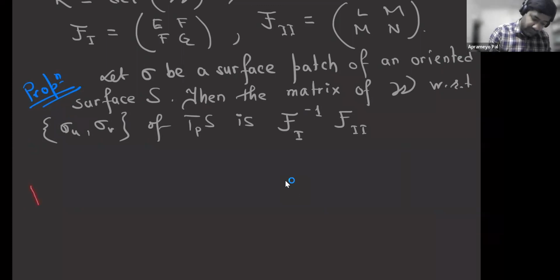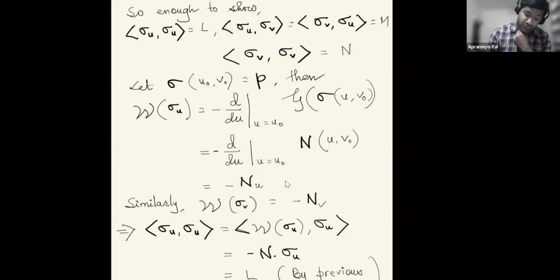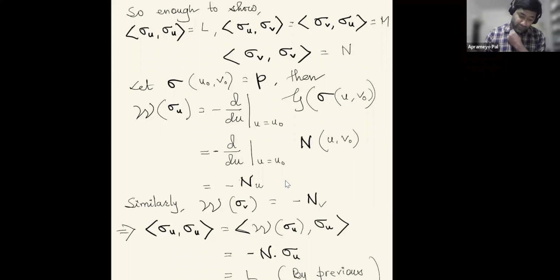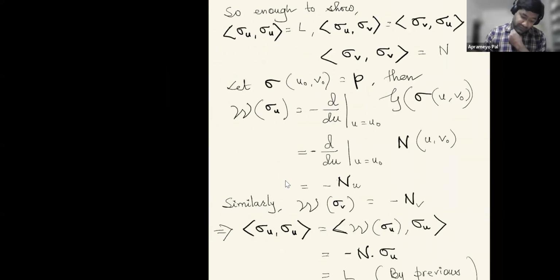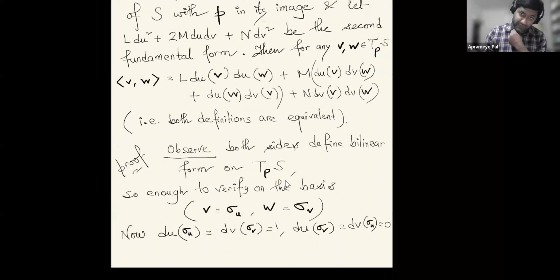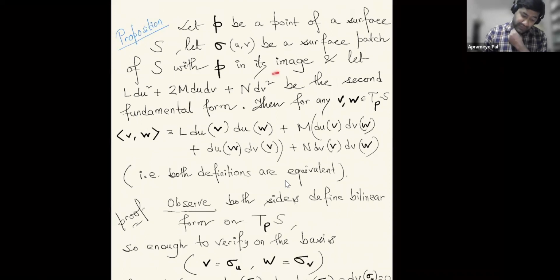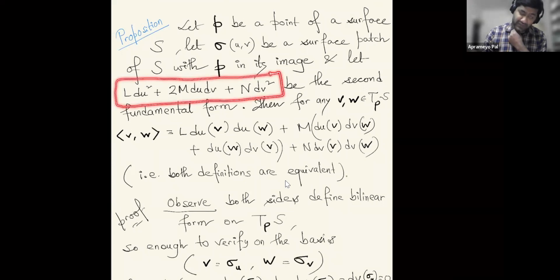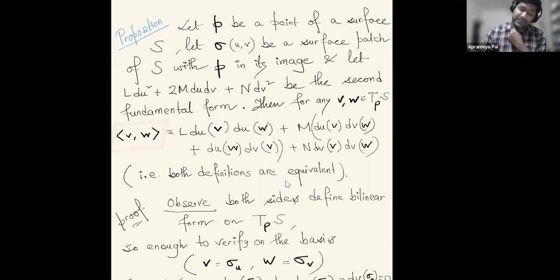So the proof. Let me recall something which we have already seen. Let me go to the second fundamental form notes, where there was this proposition, which is already uploaded online. There we proved that the second fundamental form's first definition and second definition are equivalent.